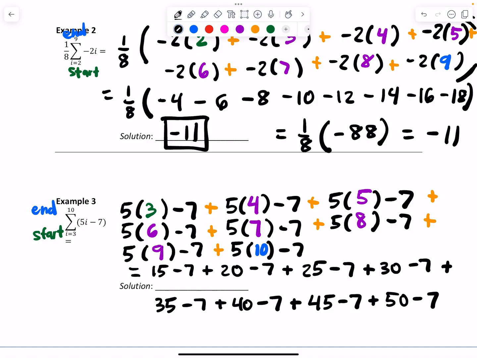And then I'm going to add all of those together. At that point, I type it in my calculator, and it simplifies to 204. That would be my solution.